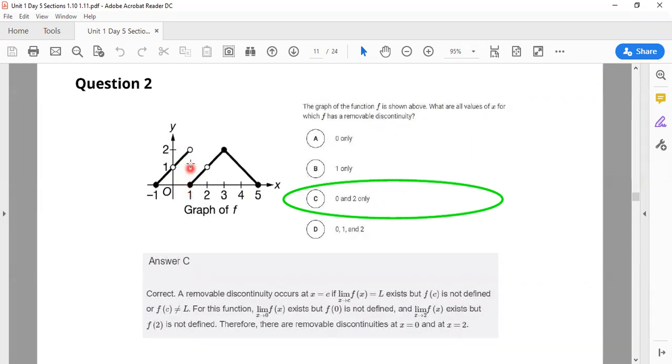So that would be how you can tell that it's a jump, by the way, by breaking up something from the left or from the right. So at x equals 0 and x equals 2. A common mistake for some reason is people look at this as at 1 this is happening, but that's the limit value. Values of x are locations. So when it says what are all the values or where are the values of x, that's going to tell you the location.